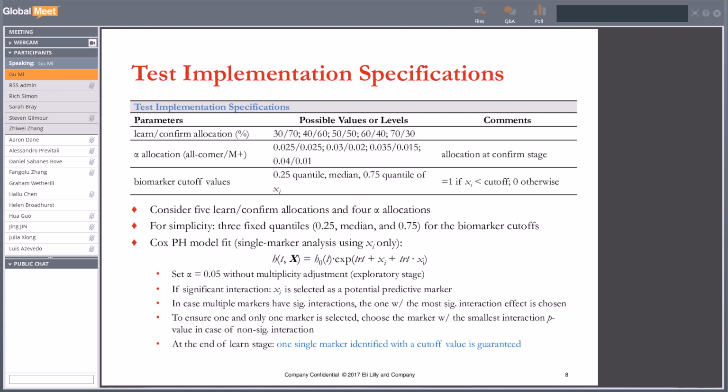The marker with a significant interaction, or the most significant marker in case of multiple significant markers, will be selected. So in this way, it is guaranteed that at the end of the learn stage, only one marker will be identified with a cutoff value.